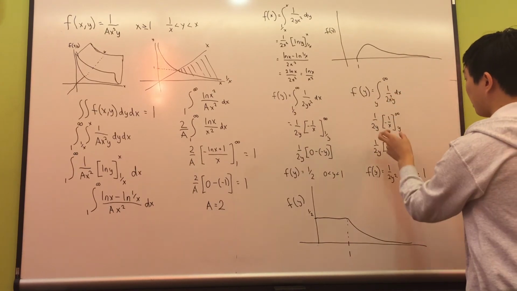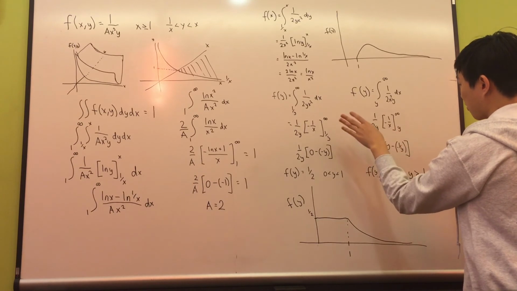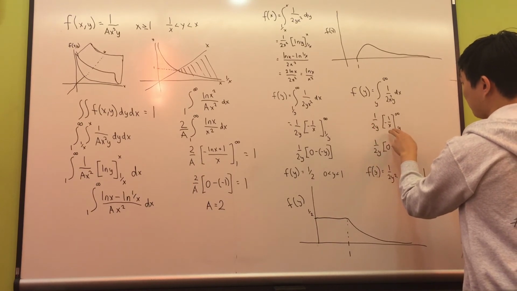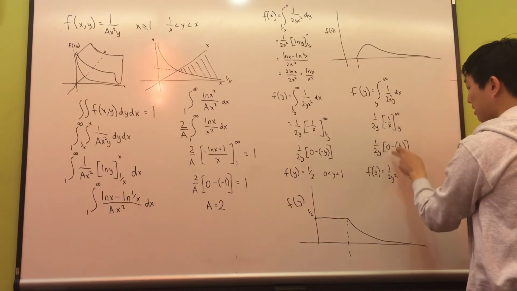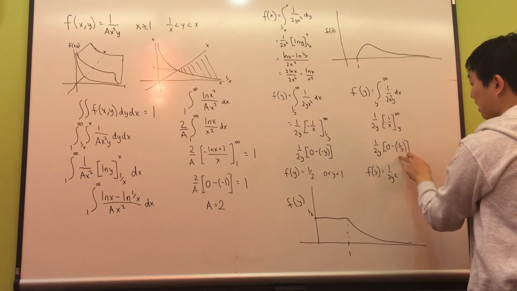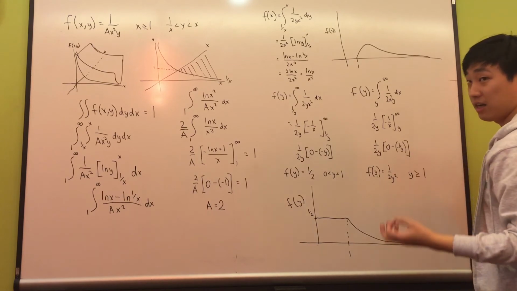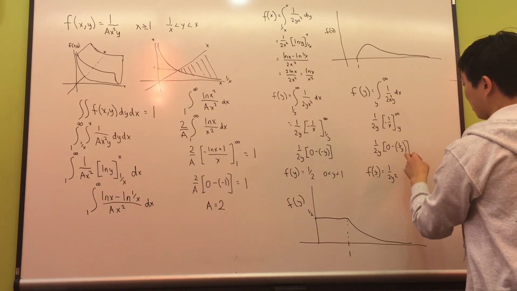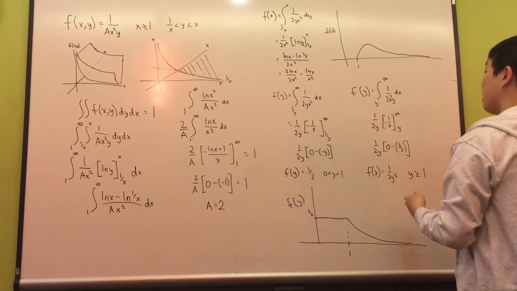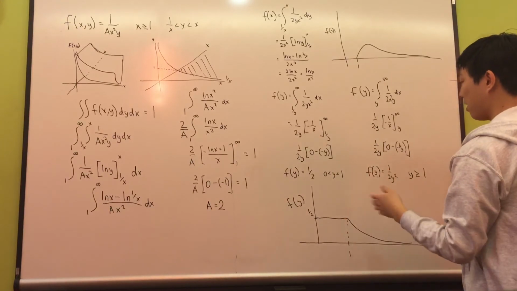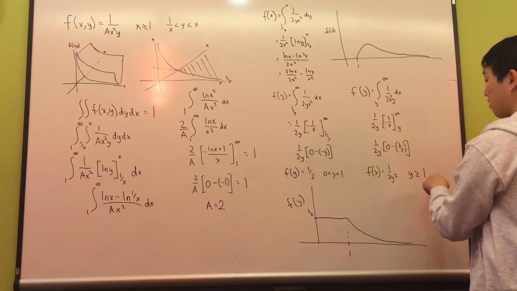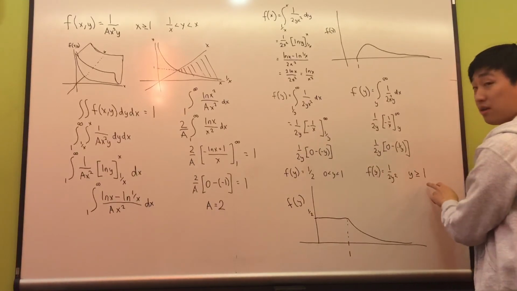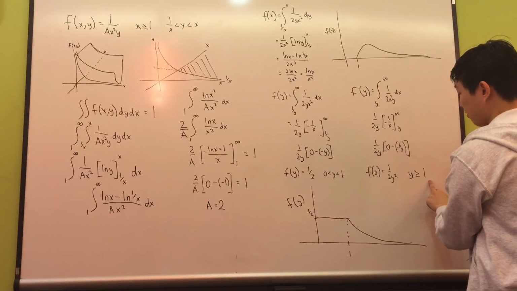And so similarly, it's the same thing. We can take the 1 over 2y out as the integral of 1 over x squared from y to infinity. And when we plug in infinity, we get 0. And when we plug in y, we just get negative 1 over y. But since we're subtracting a negative 1 over y, we just get positive 1 over y. And so positive 1 over y times 1 divided by 2y gives us 1 divided by 2y squared, for, of course, the bound only valid from y greater than 1.